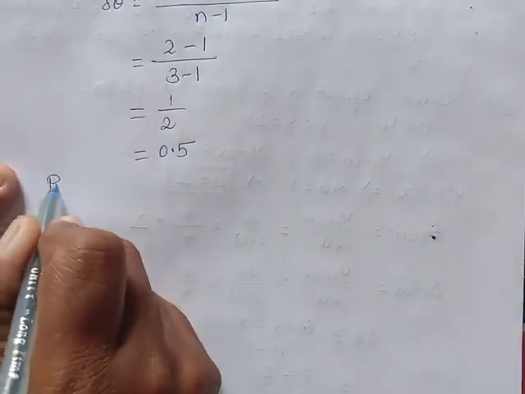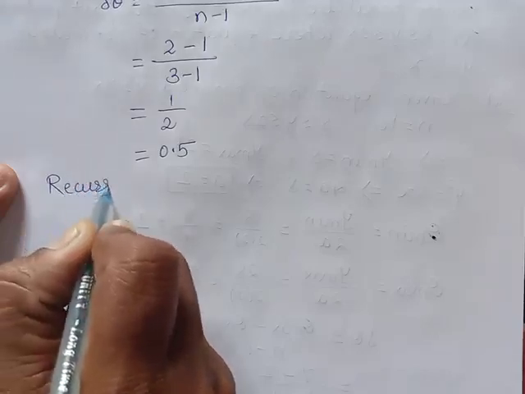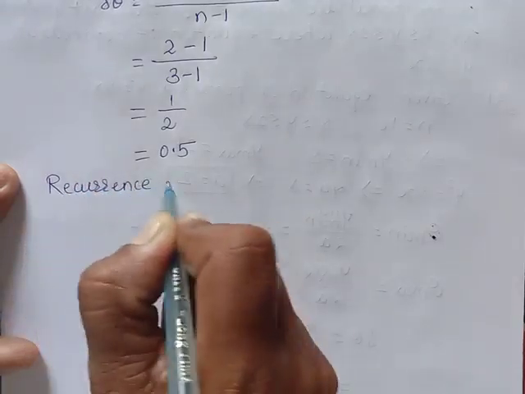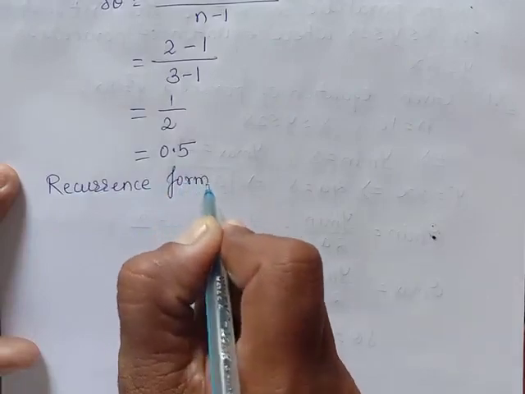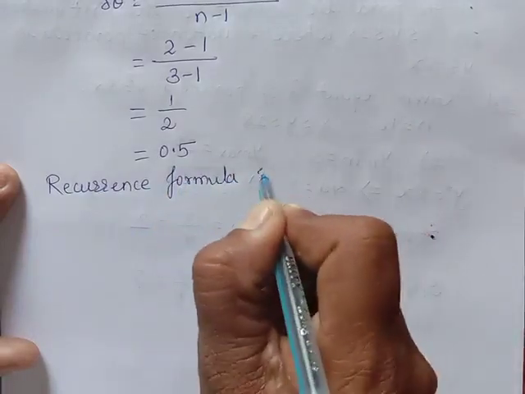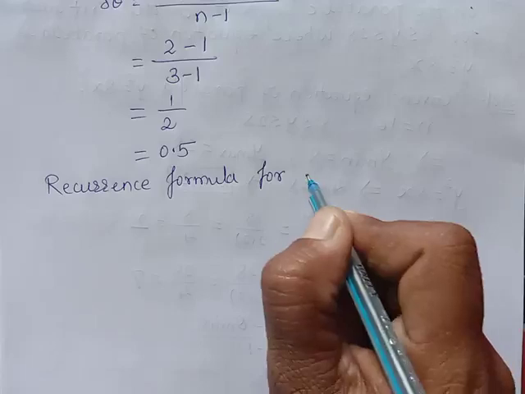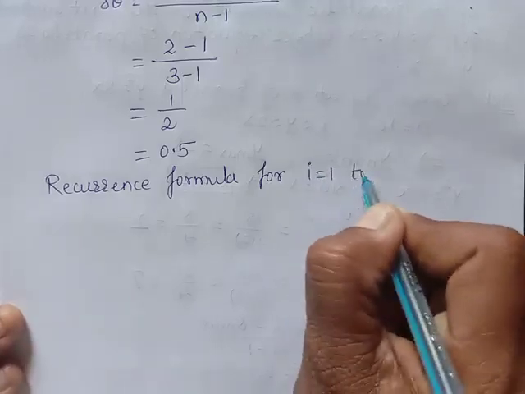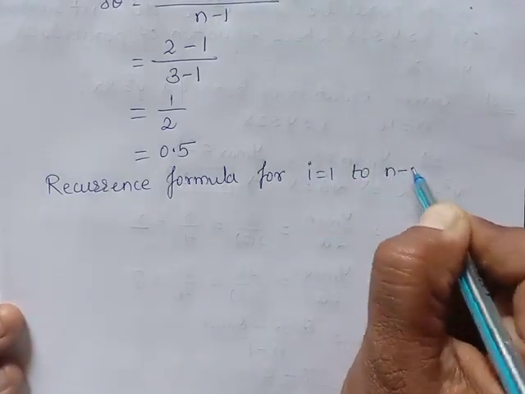We have a recurrence formula or the iterative formula. Recurrence formula for i equal to 1 to n minus 1, right?